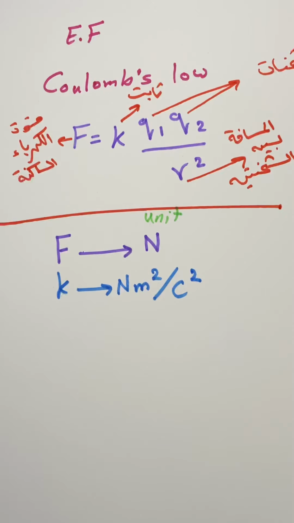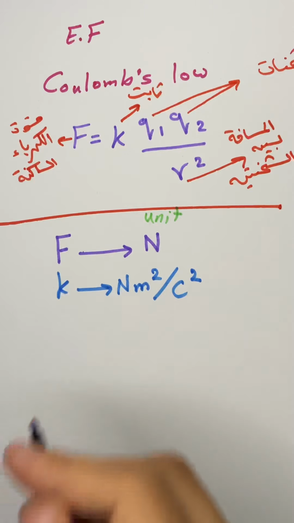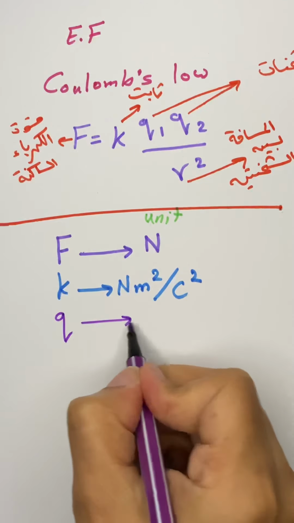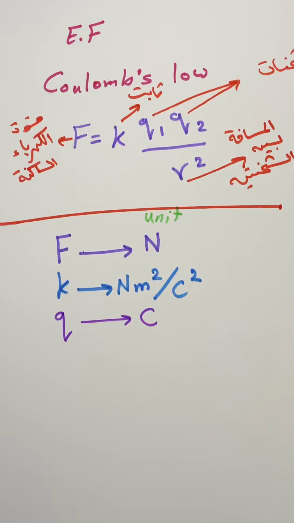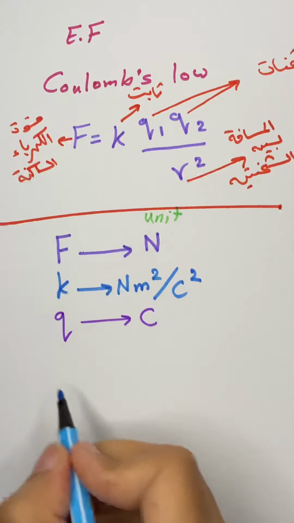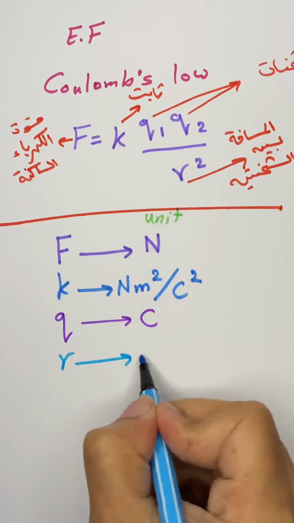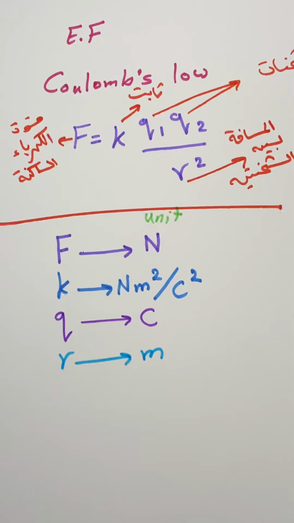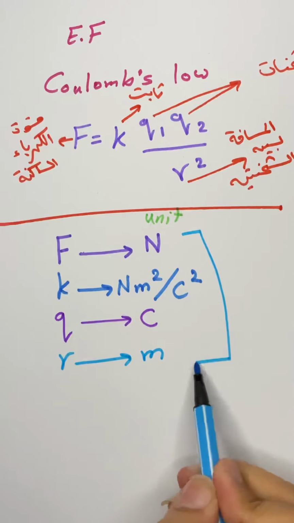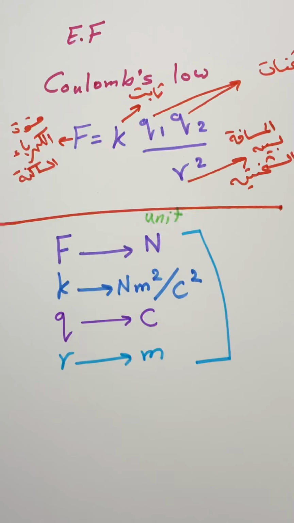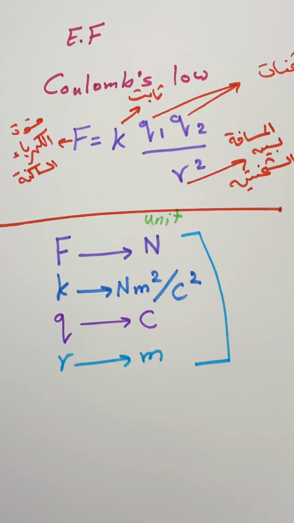For the charges, charge Q, we will use coulomb. And finally for R, we will use meter. This is the SI unit that we will use for each quantity you will study in Coulomb's law.